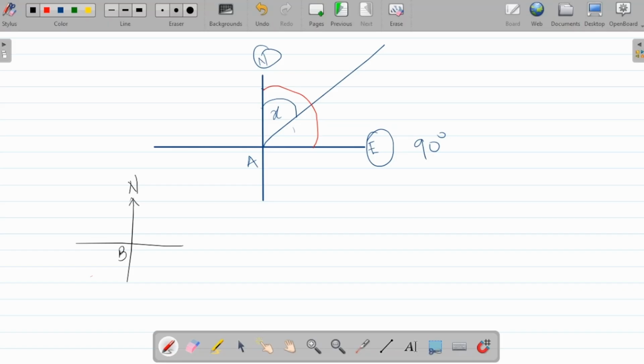The first rule is always start from where? From the north. You remember our exercise, it will be one of the questions. So always start measuring from the north. All the measurements begin from the north.